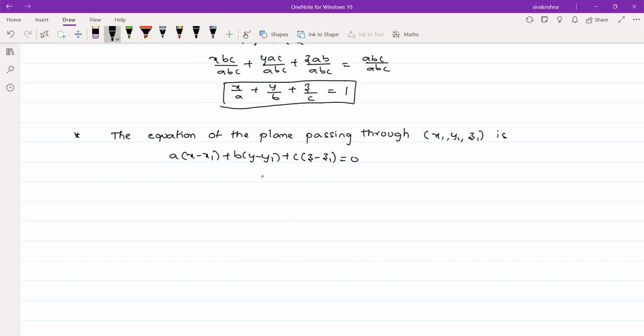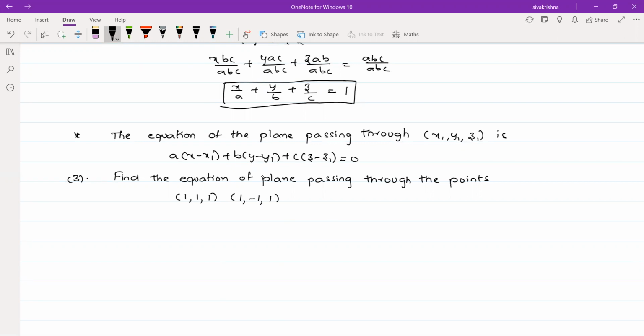Find the equation of the plane, this is the third one, passing through the points 1 comma 1 comma 1, and the second point is 1 comma minus 1 comma 1.